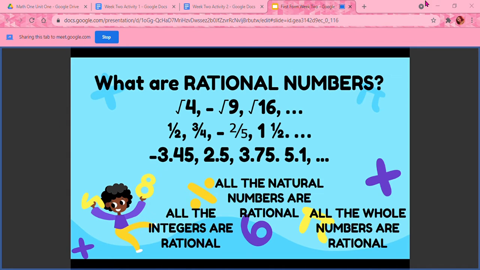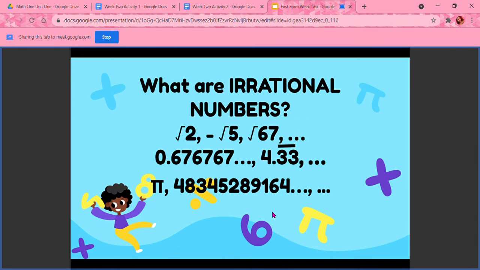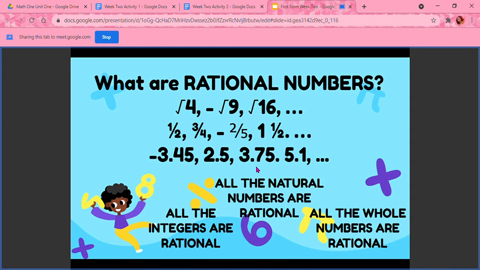So with rational numbers, we have to be careful that we don't confuse them with irrational numbers. So rational numbers: some square roots are rational, all the fractions are rational, and some decimals are rational.